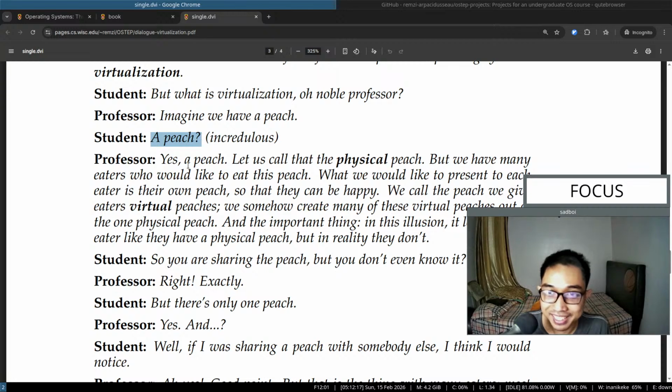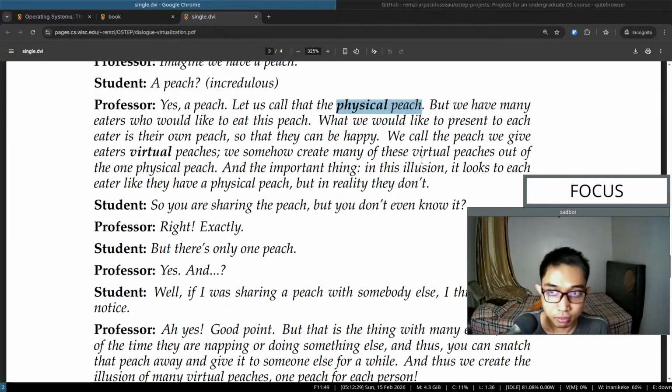What? Yes, a page. Let us call that the physical page. But we have many eaters who would like to eat this page. What we would like to present to each eater is their own page, so that they can be happy.